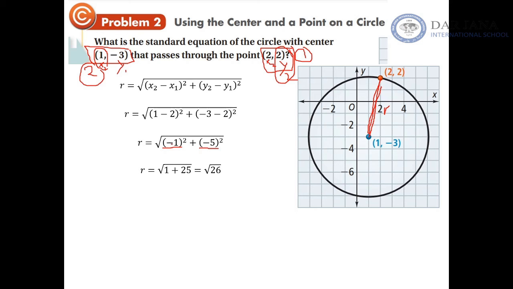Don't forget that there's a parenthesis here. So we keep the parentheses at all times. We don't remove the parentheses until I square the final answer inside here. So negative 1 squared is 1, negative 5 squared is 25. Adding them, they will equal radical 26.